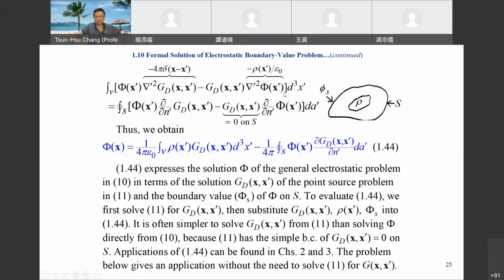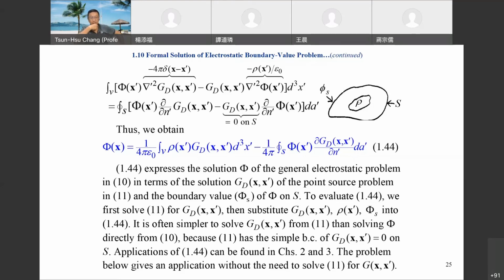Okay. So say we impose the Dirichlet boundary condition for G_D, then we kill the first term of the surface integral. So the remaining part is the same as the one in the slide. But now if we further impose the boundary condition for phi, then the second term in the slide is also killed.